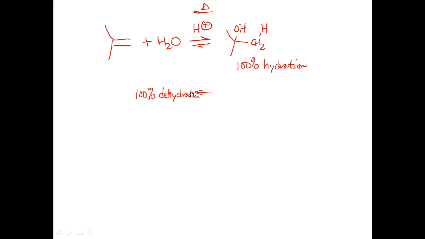If I wanted to force the equilibrium to form mostly or to 100% hydration product, what would I do? Well, I would use an excess of water, and then Le Chatelier's principle would push that equilibrium to the formation of the alcohol. How would I push the reverse reaction to give me 100% dehydration?